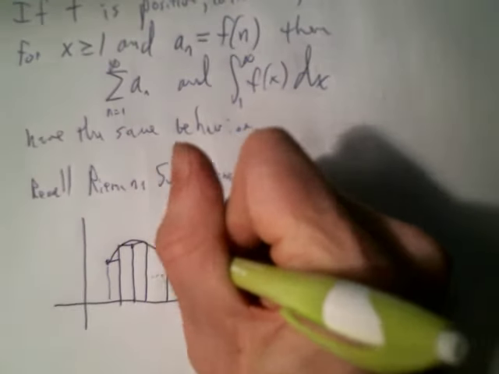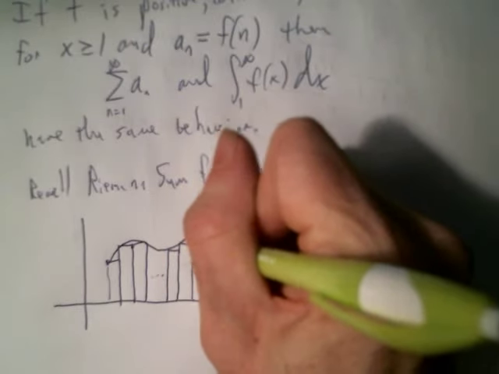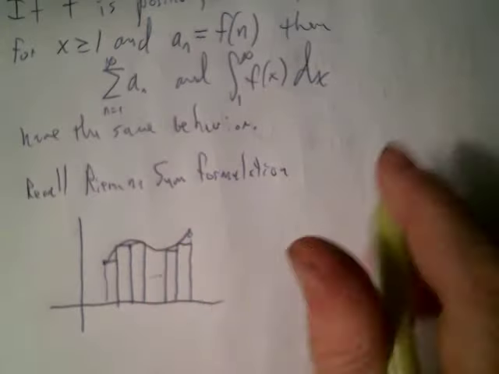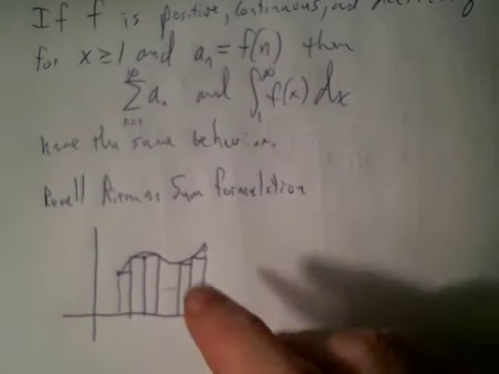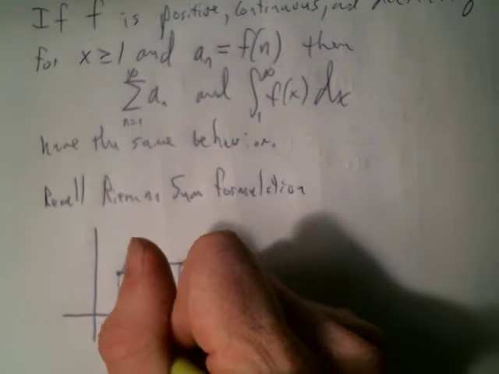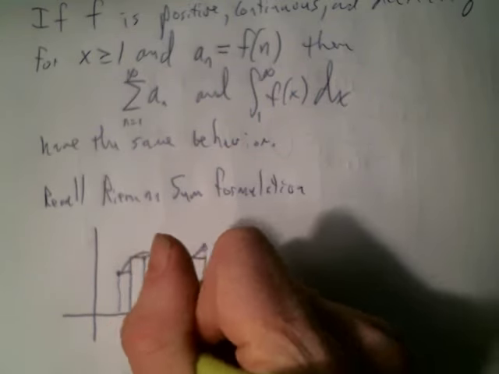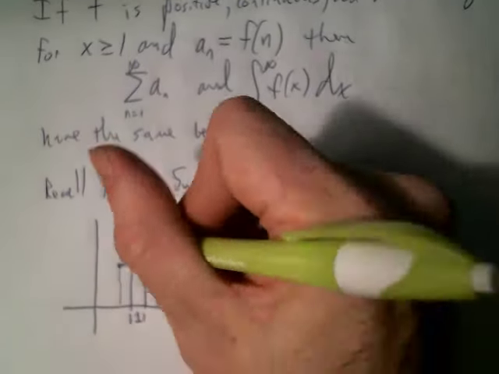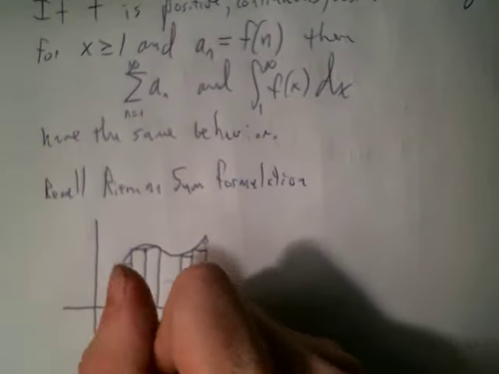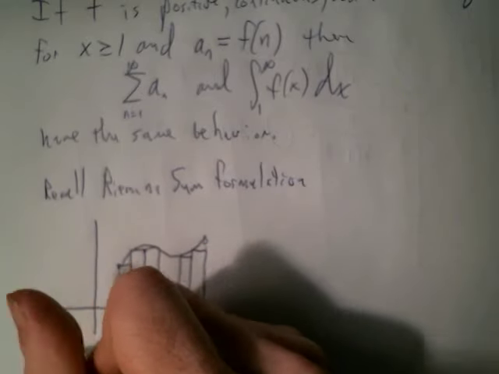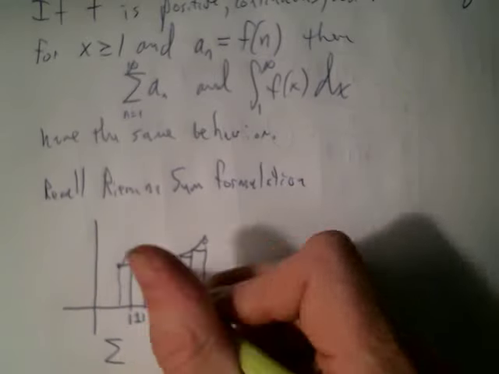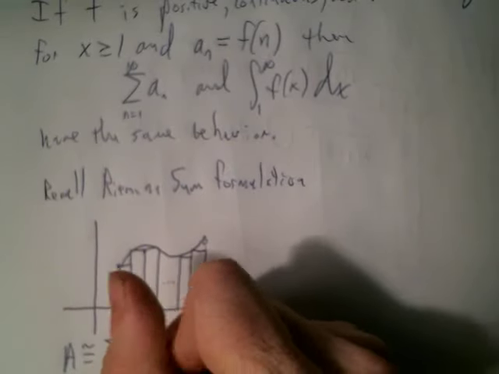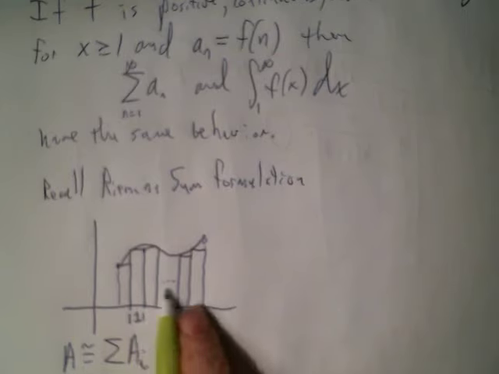And you may be wondering, what the heck does this have to do with a series? Well, a series can be thought of as a sum of a bunch of rectangles with base 1. Okay, so if you presume that the length of all of these bases is equal to 1, then the area of the particular rectangles, and what we're doing is approximating the area underneath the curve with the sum of the area of all of these rectangles.